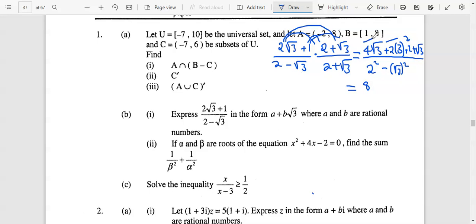Then we have 4 root 3 plus root 3, that is going to give us 5 root 3. In the denominator, we have 2 squared, which is a 4, root 3 squared, that is a 3. So 4 minus 3, that is a 1. So basically, the answer will just be 8 plus 5 root 3. So that is it.